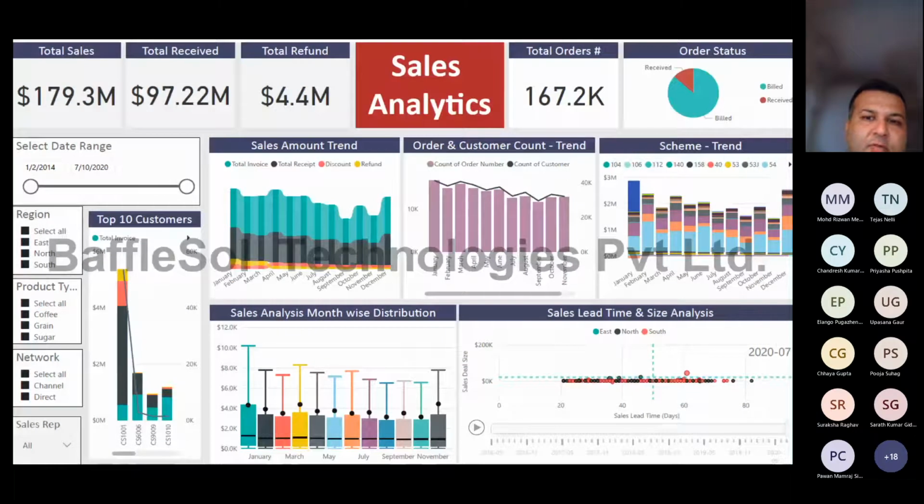Well, a very interesting dashboard, and our customers love it. It's a sales analysis dashboard. A typical salesperson wants to know the sales trend over a period of time, region-wise, product-wise, network-wise, channel partner or direct, and they also want to see the correlation between the number of orders they have processed along with the number of customers.